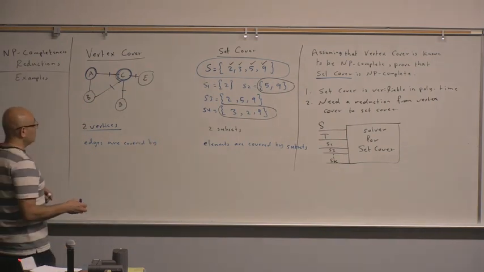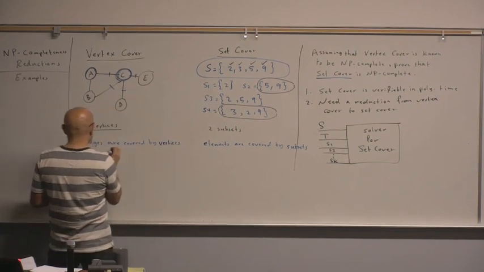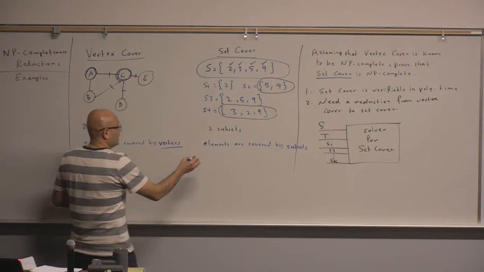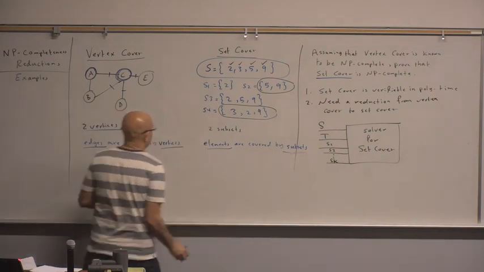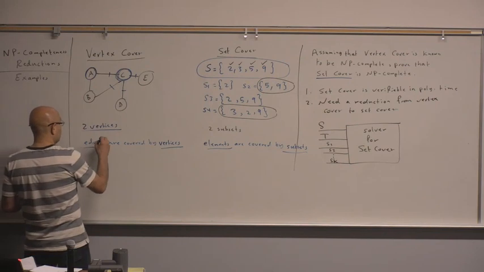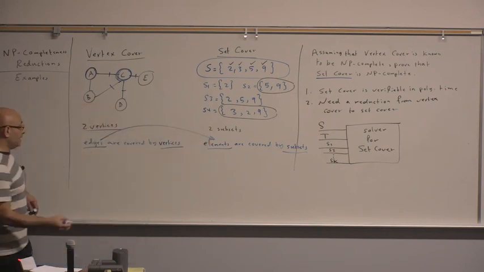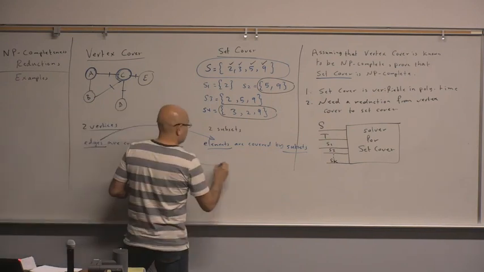By vertices. Edges are covered by vertices. Here, elements are covered by subsets. So I need to somehow map edges to elements and vertices to subsets.